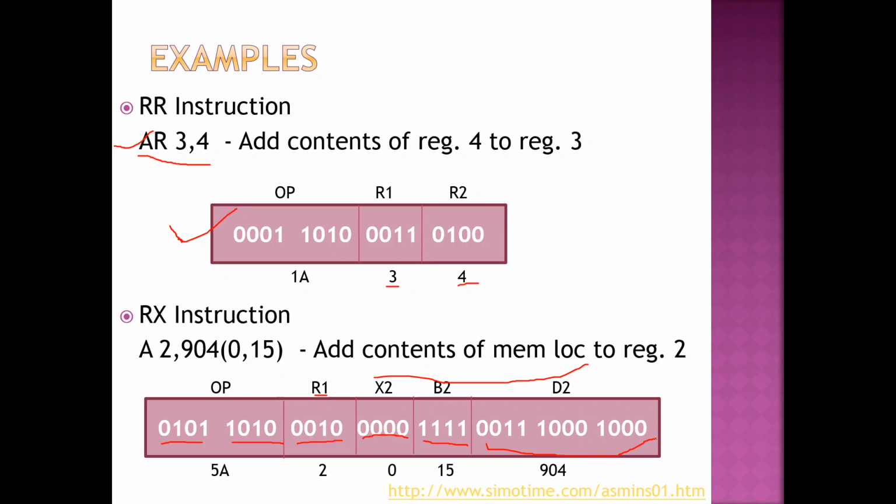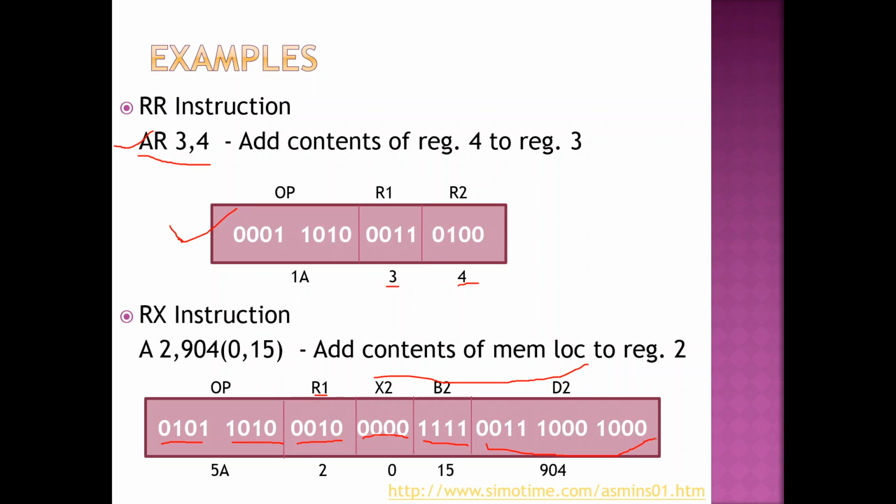I convert it directly into binary, and I have to represent it using 12 bits. So the conversion could be 111000100, but I have to add two ones in the prefix. Why? Because I have to represent it using 12 bits. Displacement will always be represented using 12 bits. Like this you can write for all the instructions, but we will not be doing that.